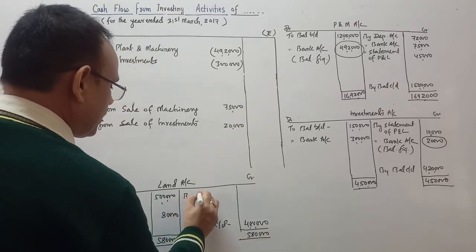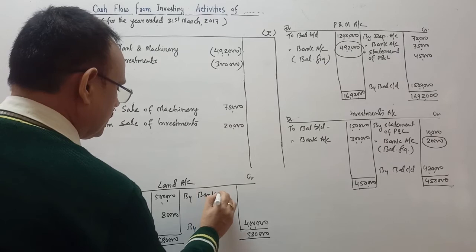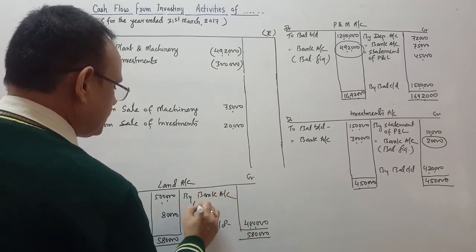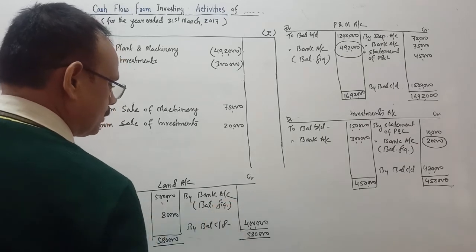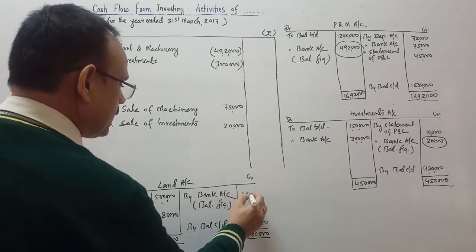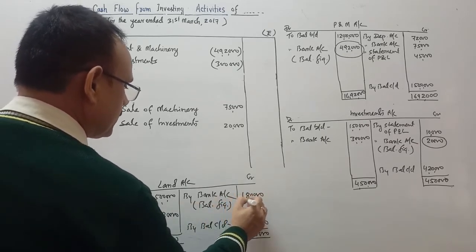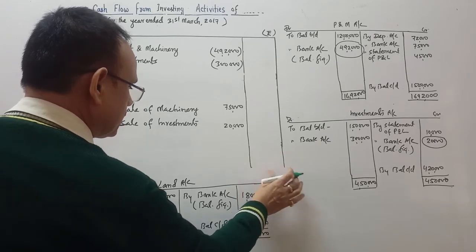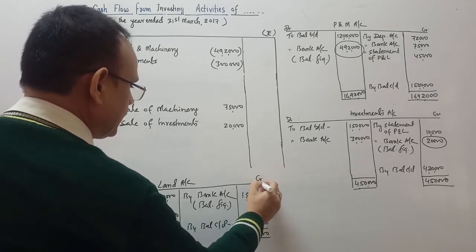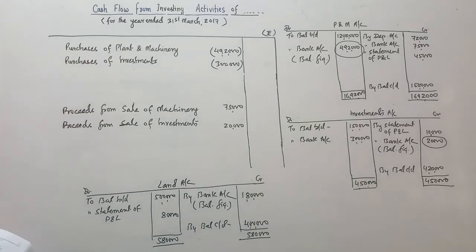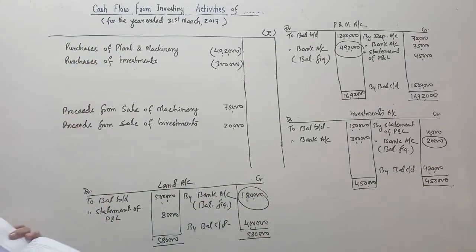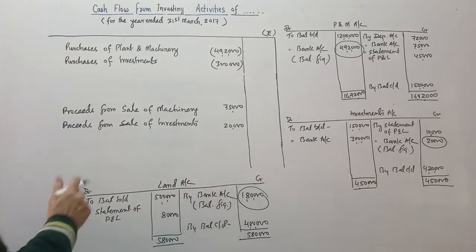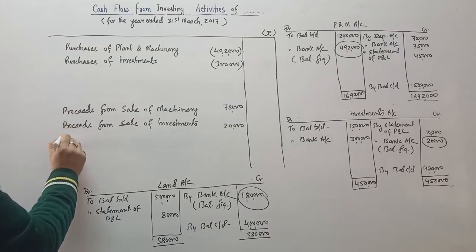Here by bank account, balancing figure. So land is sold at rupees 1,80,000. Is it clear? This is the balancing figure, 1,80,000.